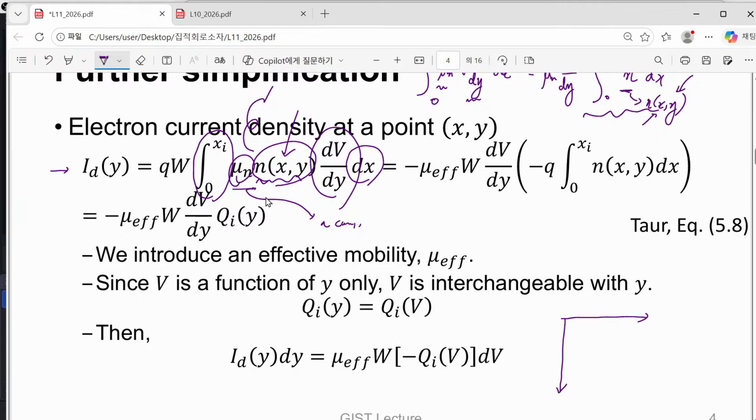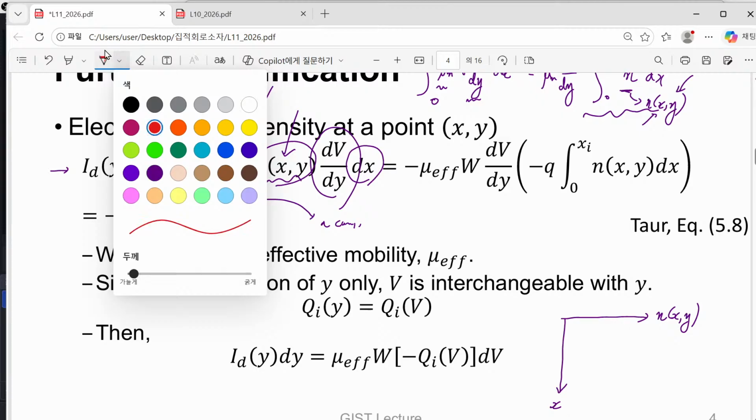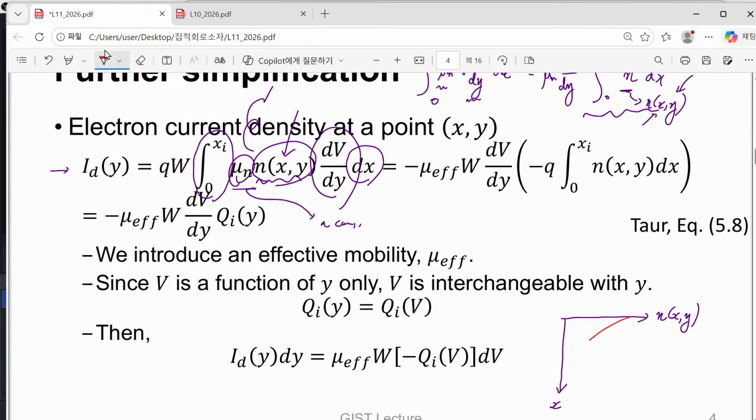Sorry about that. Let me explain once again. If this is electron density, and this is vertical position, and let's say the electron density rapidly diminishes in this way.